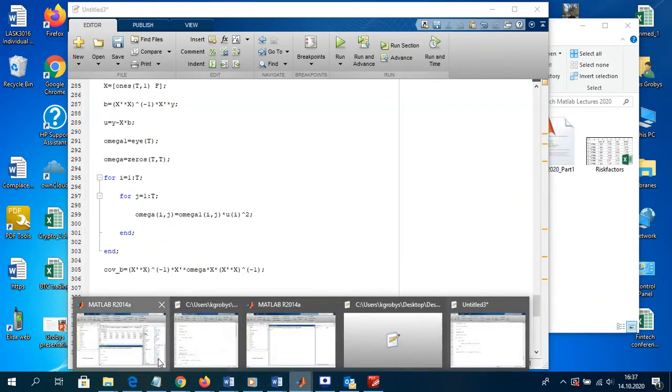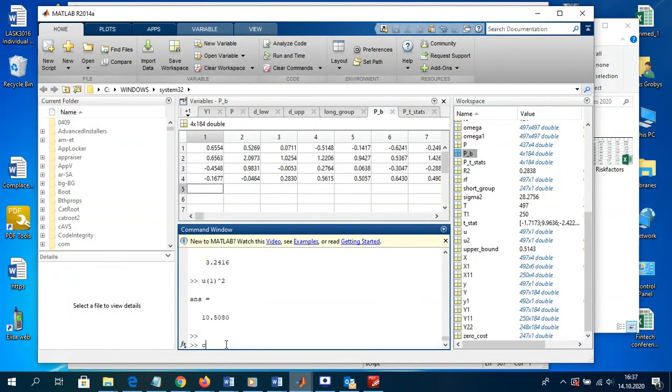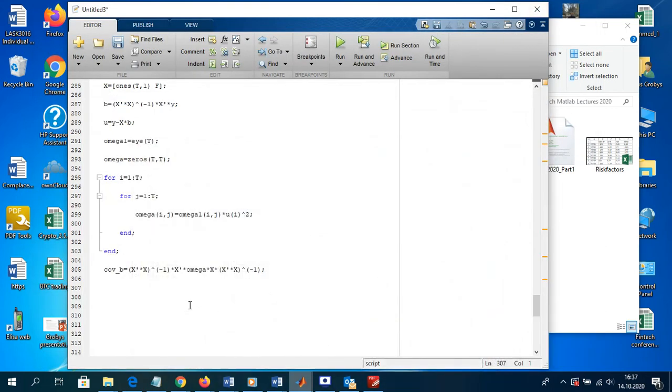So now the covariance matrix, we said it should be 4 by 4, right? And voila, it's a 4 by 4 matrix. It must be like that. Now again, in order to get our t statistics, we have to divide each element in the estimated parameter vector by the square root of each corresponding element on the main diagonal of this covariance matrix.